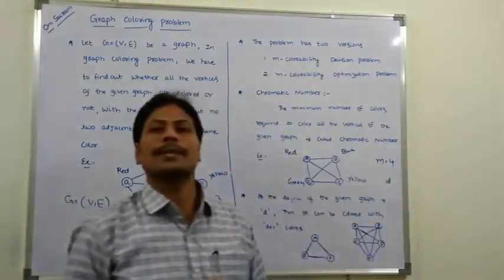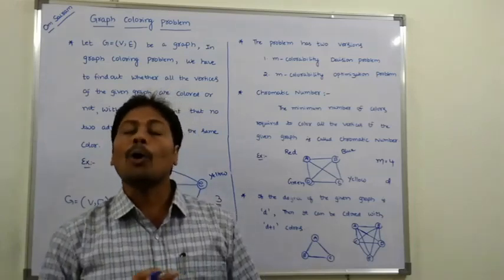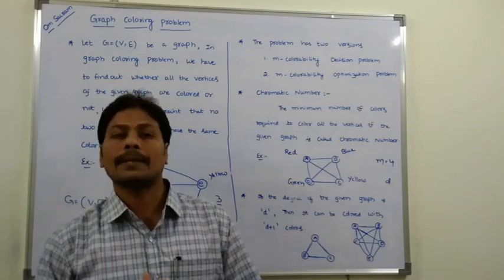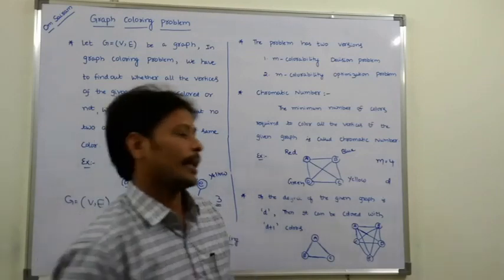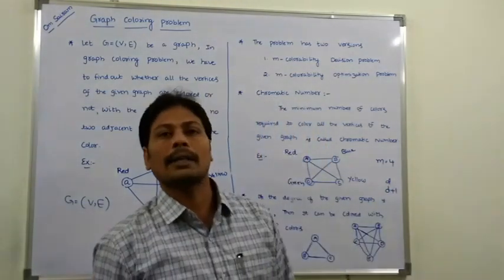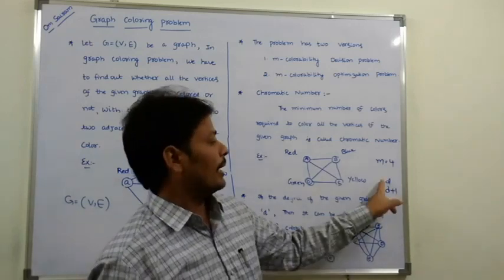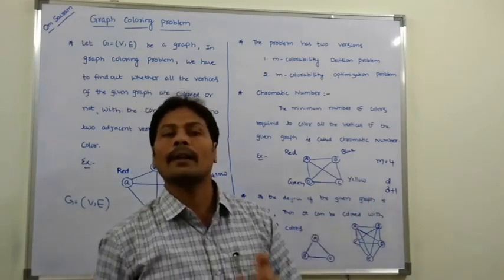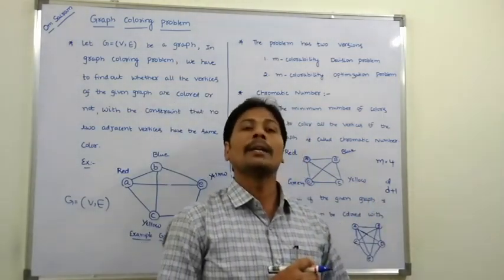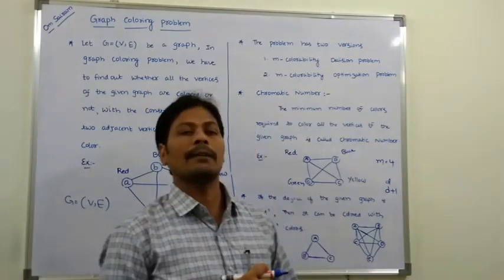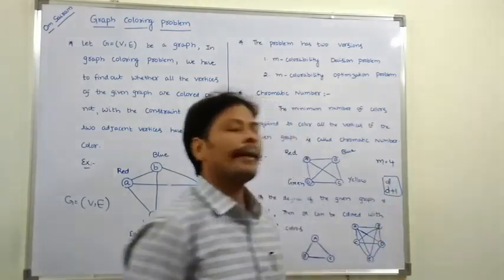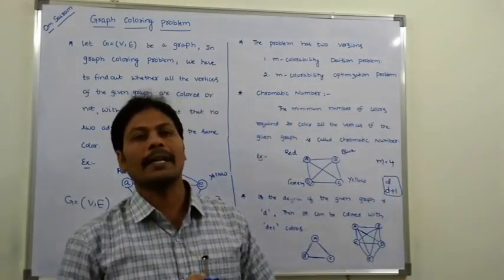How many colors are required to color all the vertices of the given graph? That is, d plus 1 colors are required to color all the vertices of the given graph, where d is the degree of the given graph.